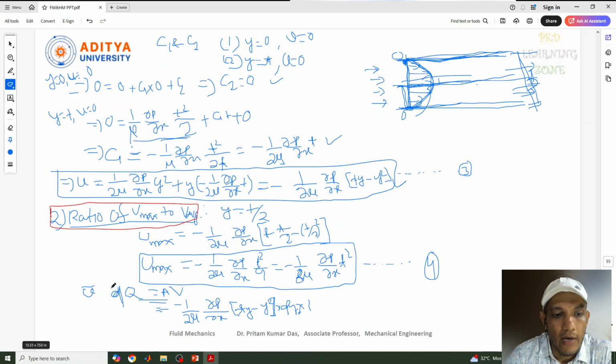Now we go for integration of this to get the total discharge, from 0 to t.